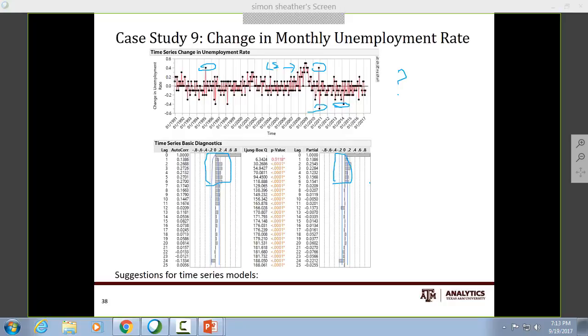No. So this is saying to me that this is probably ARMA, right? Because it doesn't follow the AR process, which says the PACF cuts off. It doesn't follow the MA process, which says the ACF cuts off. So I've found everything you did, additive outliers and a possible level shift, and I think this is potentially ARMA. Okay? Everybody happy with that decision?